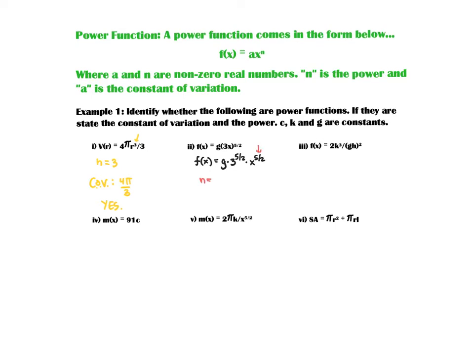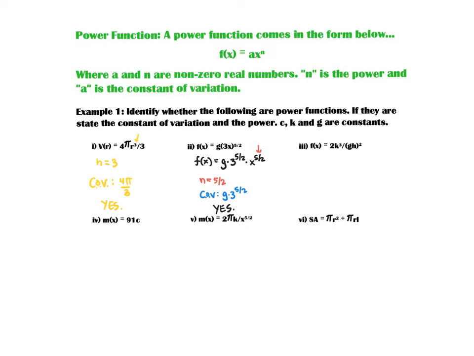So n, our power, is 5 halves, which is a non-zero real number. So we've met all of our specifications so far. Our constant of variation is g times 3 to the 5 halves. I don't know what g is, but provided it's a real number, we're good to go. So yes, this would also, based on this form, be a power function.